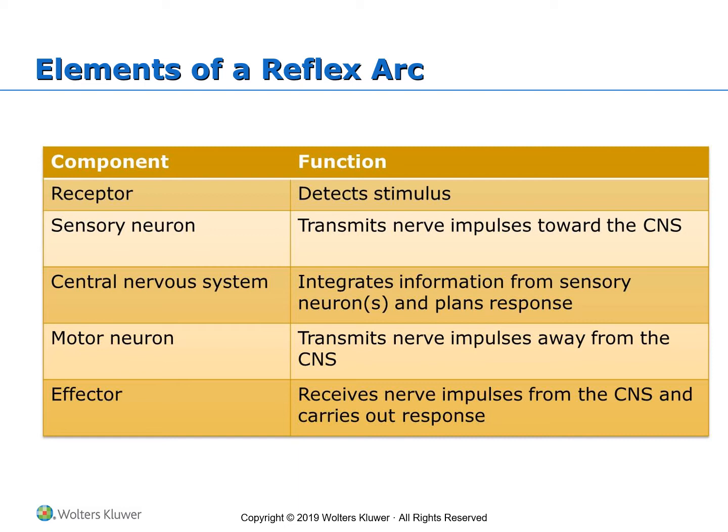The third component will be at the level of the central nervous system that will integrate the information from the sensory neuron and plan a response. It will recognize a dangerous threat to our health and will send out an answer.